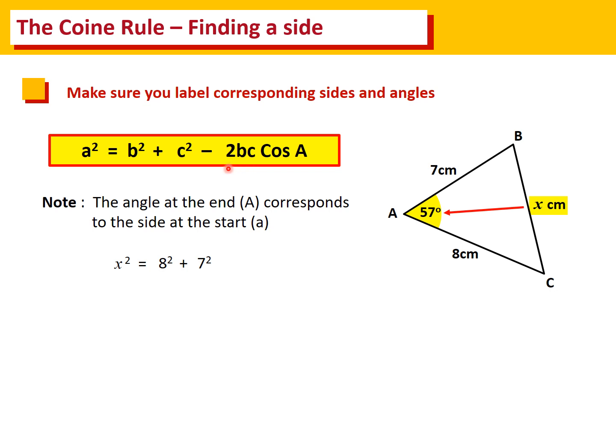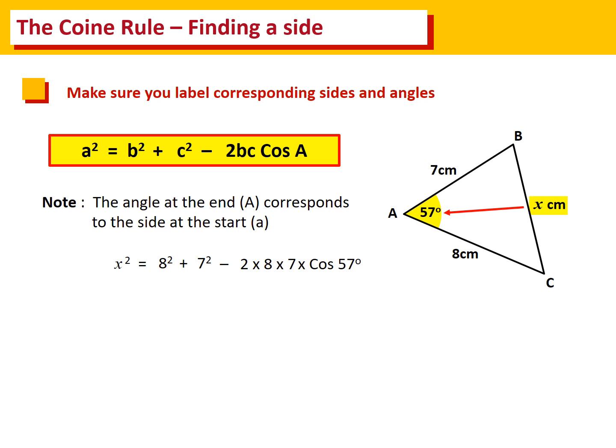So we're doing 2 times one of the other lengths times the other length, where the other lengths are given to us, in this case 7 and 8. So 2bc will be 2 times 8 times 7. And then finally, it will finish off with the cosine of that angle that corresponds to the length x. So that's the formula as written out.